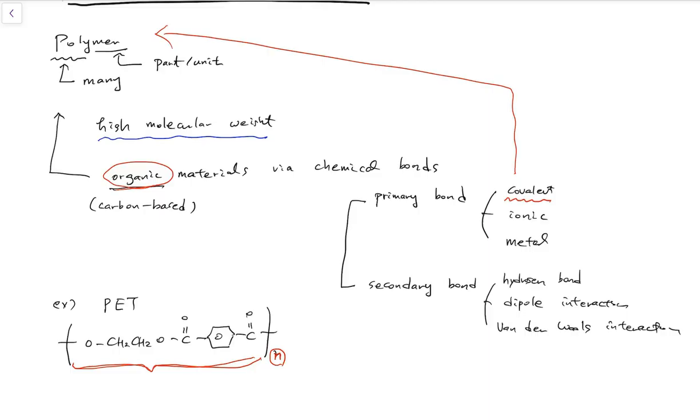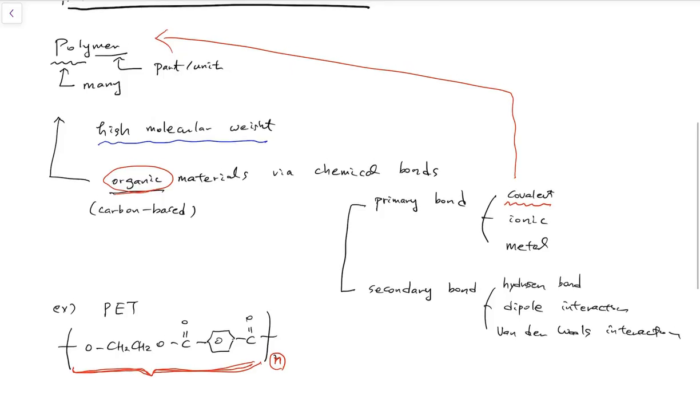So this basic structure, which is the basic form of this polymer, polyethylene terephthalate, is called the repeating unit. All polymers have this basic unit, called the repeating unit.